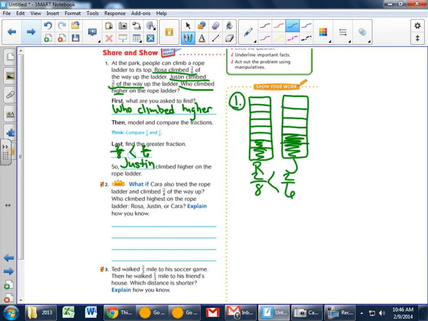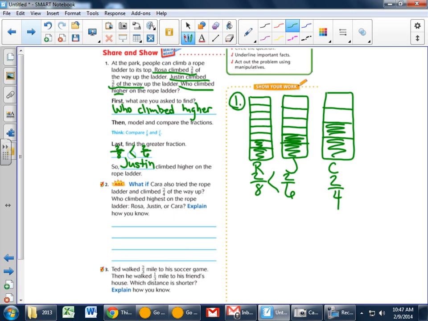Okay? Number 2, what if Carla also tried the rope ladder and climbed 2/4 of the way up? Who climbed the highest on the rope ladder? So we're going to add Carla here, and it's going to be really easy because we showed our work. And she's going to have 2/4, so we need to cut this into 4ths. She climbed 2 out of the 4ths.